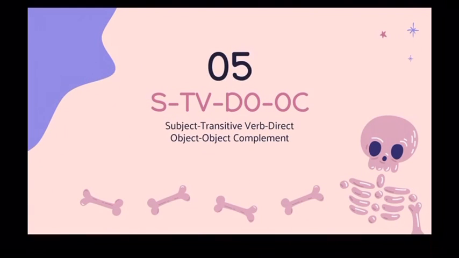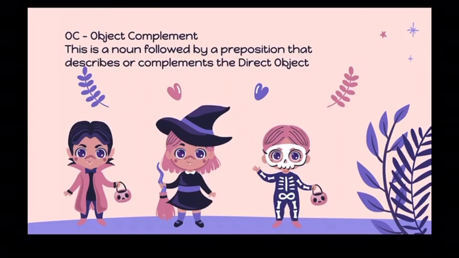Number 5 is the STVDOOC, or the subject transitive verb direct object object complement. OC, or object complement, is a noun followed by a preposition that describes or complements the direct object.